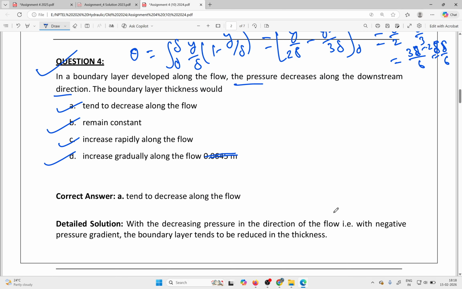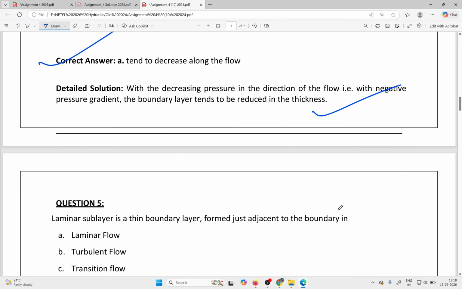Yes, it is option A, tend to decrease along the flow. With the decreasing pressure in the direction of flow, with negative pressure gradient, the boundary layer tends to reduce in thickness. Now, question number 5.